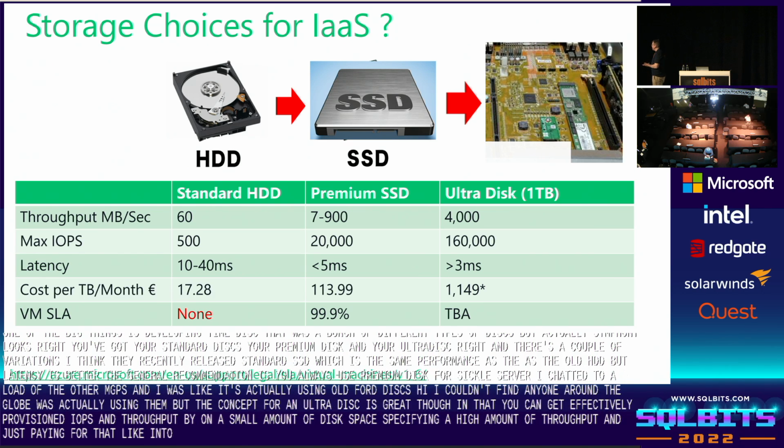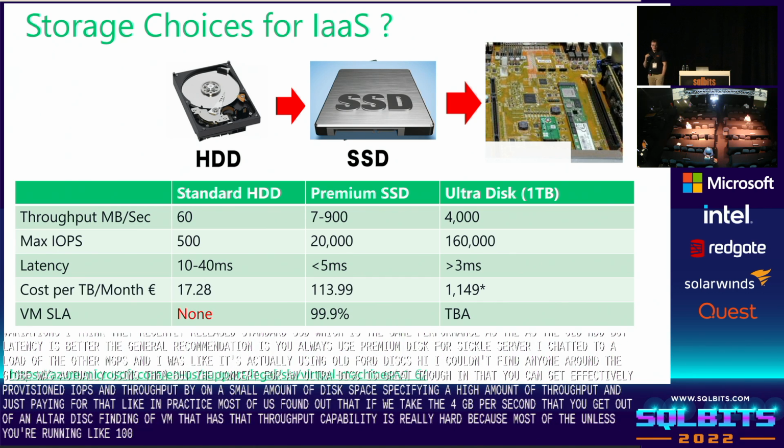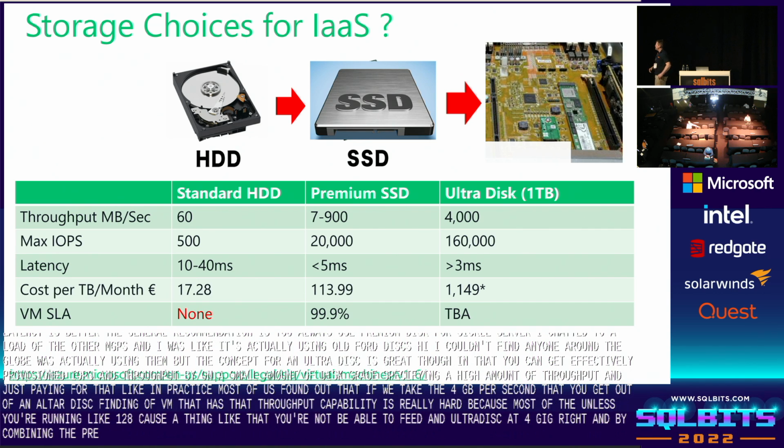In practice, most people have found that if we take the 4 gigabytes per second that you can get out of an ultra disk, finding a VM that has that throughput capability is really hard, because unless you're running like 128 cores or something like that, you're not going to be able to feed an ultra disk at 4 gig, right? And by combining the premium disks, you can get pretty good performance. So for most SQL houses, the premium disk is kind of the only show in town, right?